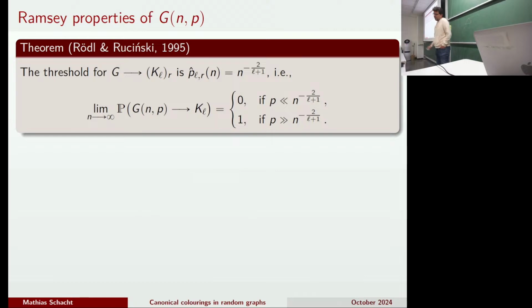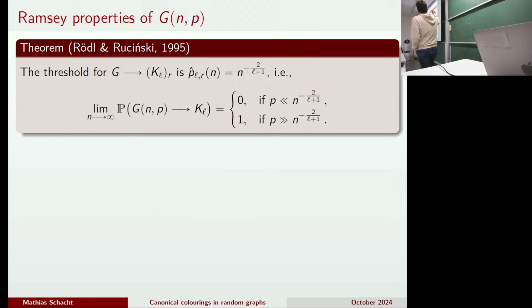Of course, if you're interested in the threshold, you have to prove the 0 and the 1 statement, and the 0 statement would mean that you don't have the Ramsey property, and if you can avoid it already with two colors, then of course you can also avoid it with more colors, right? So that's why it's enough to consider the two-color case here.